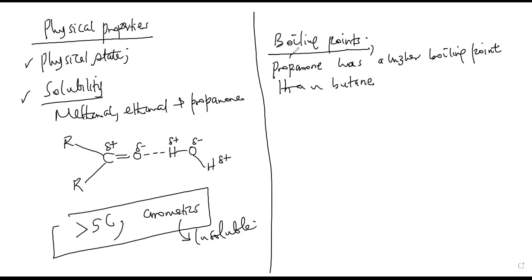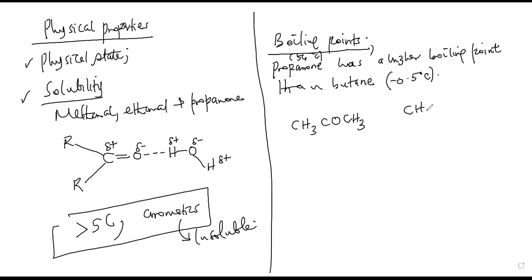Propanone has a boiling point of 56 degrees Celsius, while butane has a boiling point of negative 0.5 degrees Celsius. Yet both have nearly the same molecular weight. You should compute their molecular weight. Propanone is CH3COCH3.